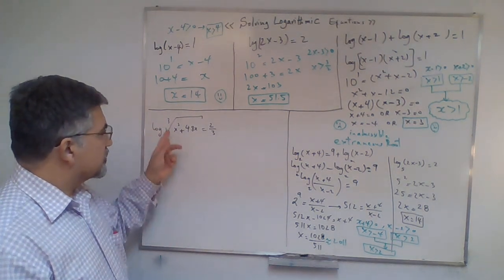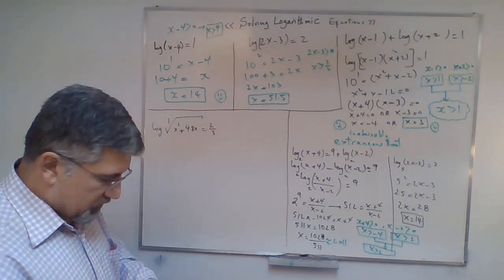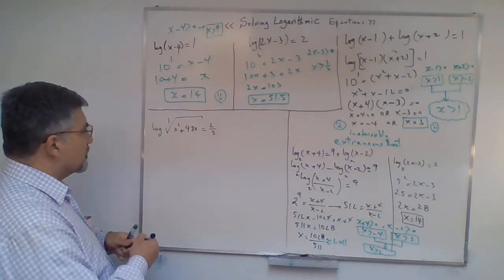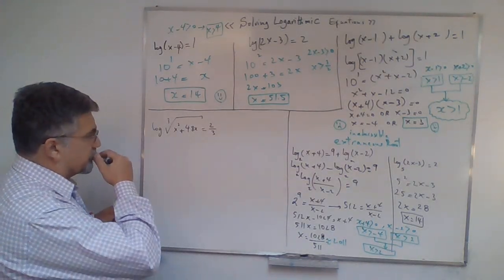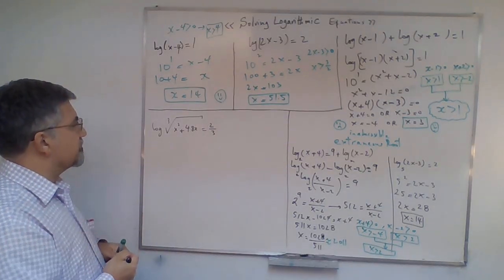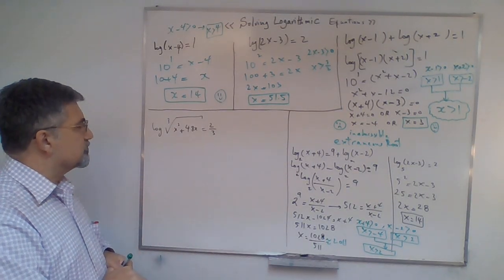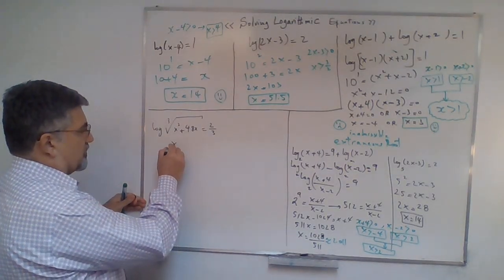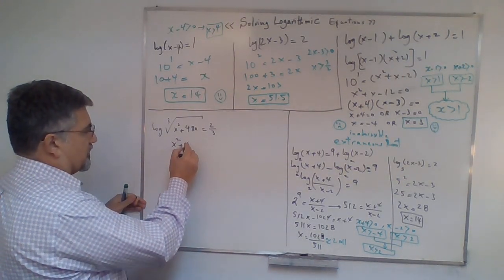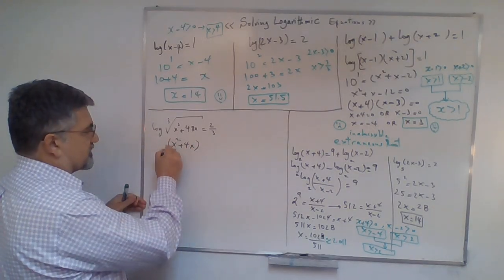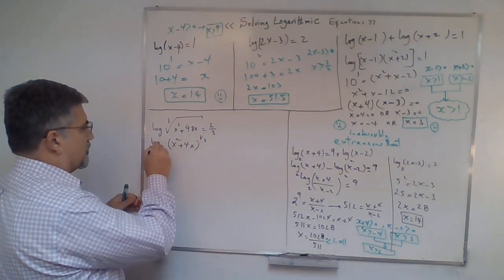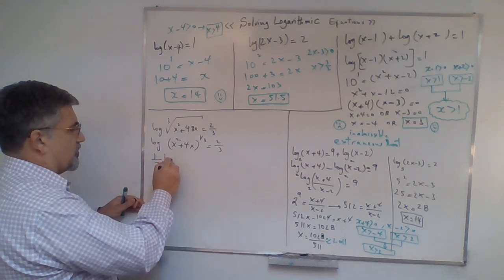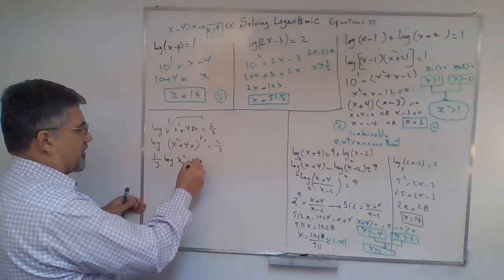Logarithm of cube root of something equals 2/3. So how are we going to deal with this one? Well, the first thing I'm going to do is express this cube root in the form of an exponential expression. So log of (x squared plus 48x) to the exponent of 1/3 equals 2/3, and then 1/3 becomes a coefficient for the log.